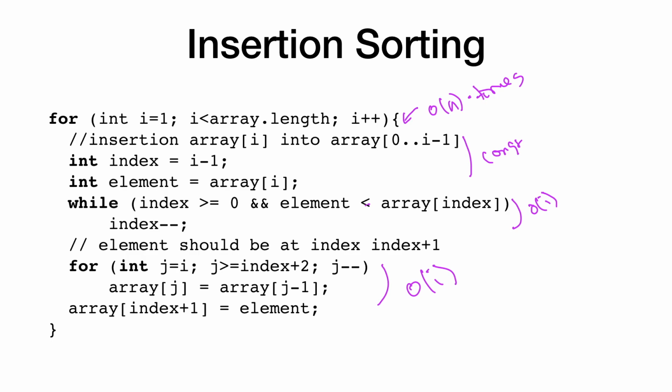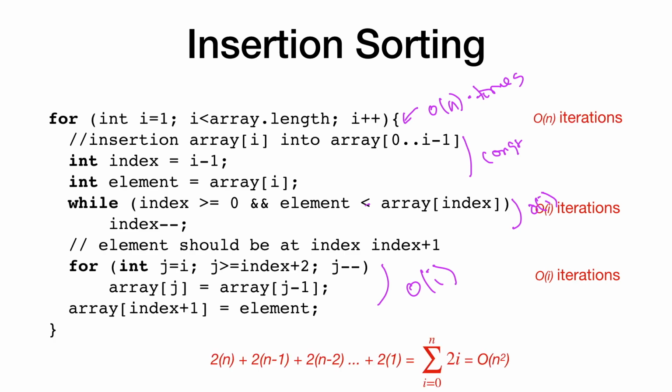So what is our actual running time? Our running time turns out to be this sum, where we're doing 2 times n when i is equal to n, and then 2 times n minus 1, plus 2 times n minus 2, and so on, and that ends up being O of n squared.